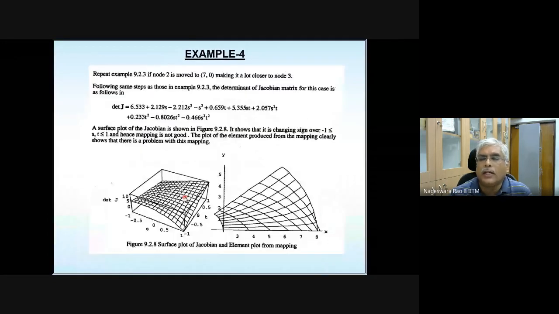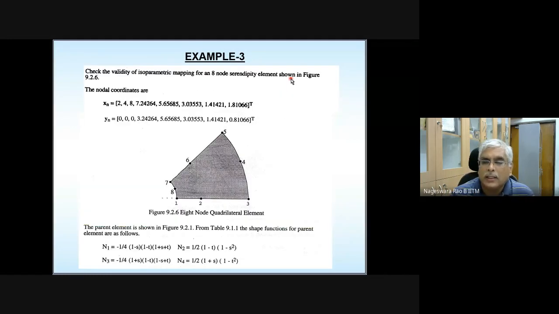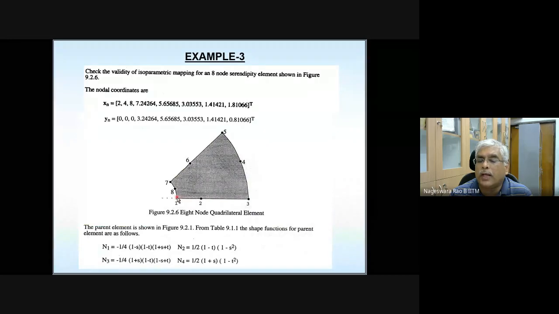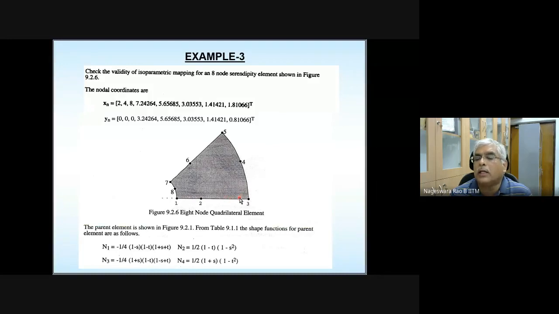Sorry, in the example that is illustrated here, node 2 is moved closer to node 3.